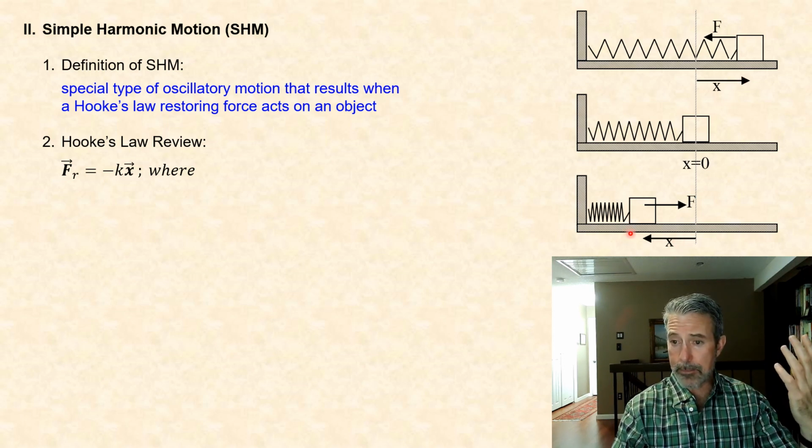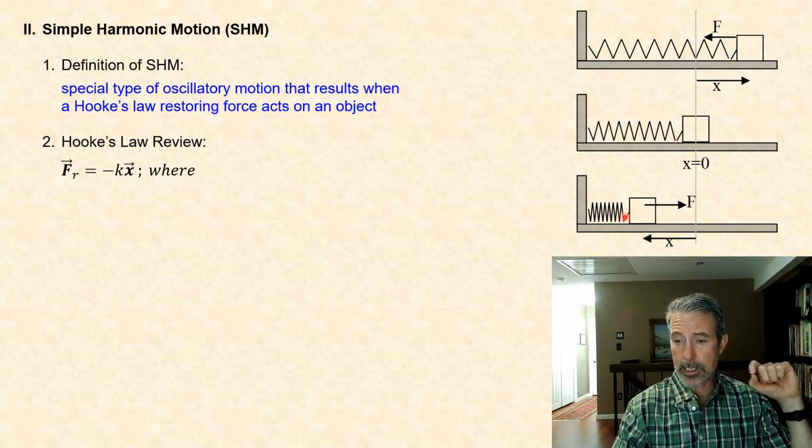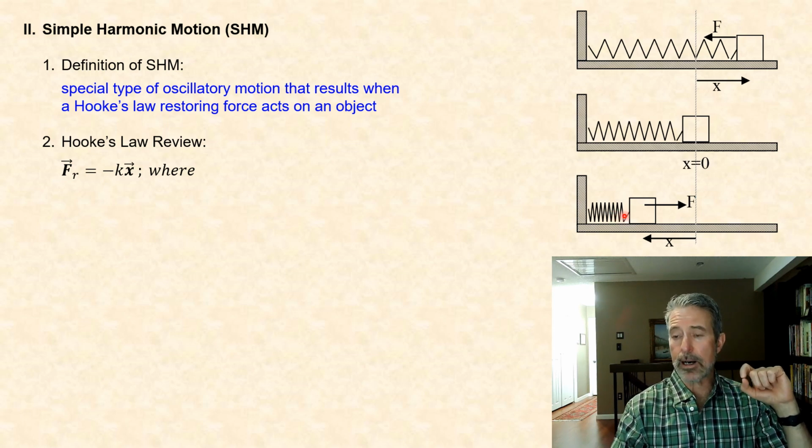Similarly, if you look at the bottom picture when the spring is compressed over here, for this position here, the spring would exert a force on the block to the right, giving it a restoring force to the right, whereas the displacement of the block from its equilibrium position is to the left. So once again, in this picture here, it satisfies the criterion that the restoring force is opposite the direction of the displacement.